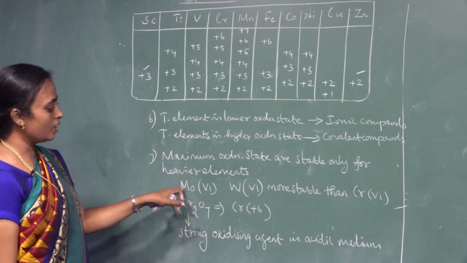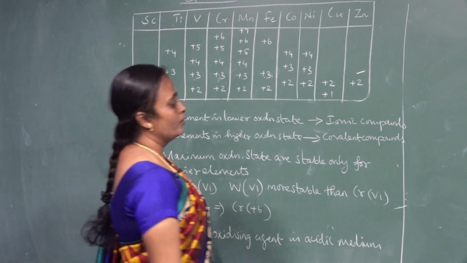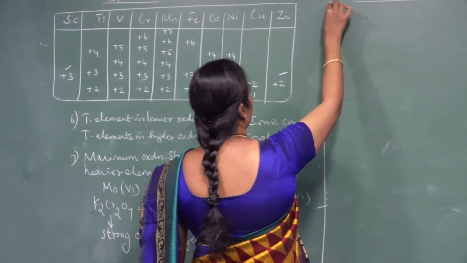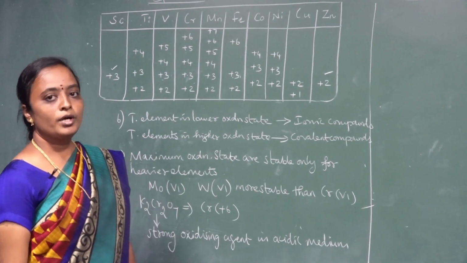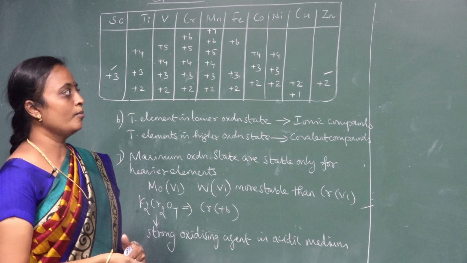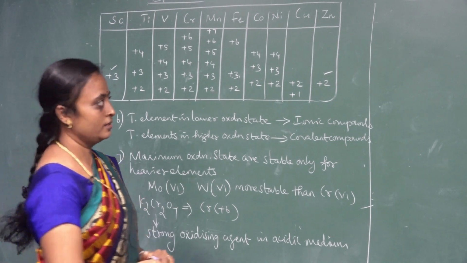Here we are just comparing molybdenum with the chromium compound. Okay, and next, moving on with the d block transition elements, we are going to read about the relative stabilities.